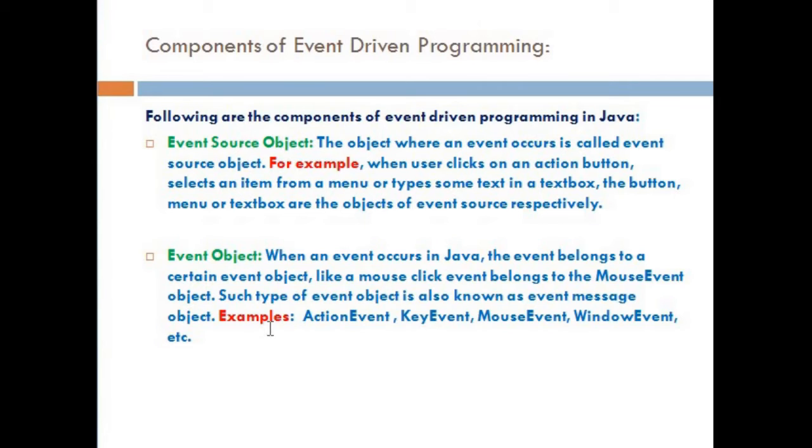Examples of such event objects are action events, key events, mouse events, window events, and so on. So just remember that when any event occurs, there has to be an event source because the source initiates the event. And the next thing is the event object. When an event occurs, the event should belong to a particular object known as the event message object. For example, when a mouse click event happens, it belongs to the mouse event object.